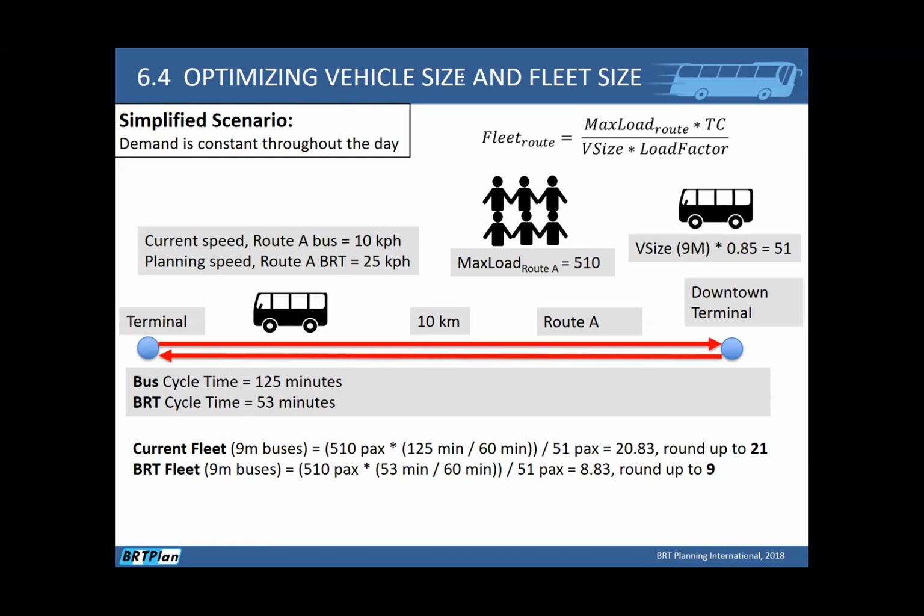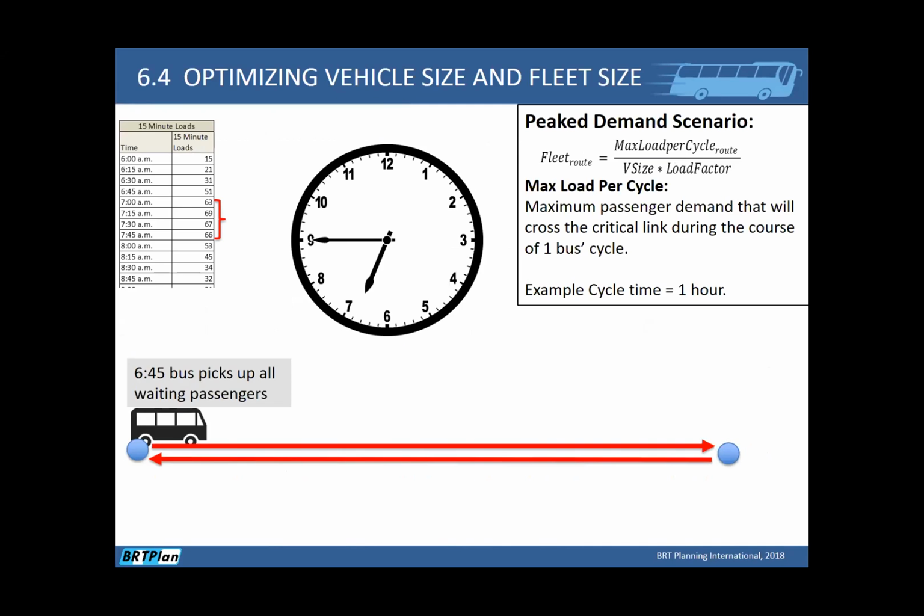So maybe we don't know what the actual fleet is, but we can use these formulas to figure out the current service probably has about 21 buses. We know if we upgraded that service to a BRT speed at 25 kilometers an hour, using this formula, we would only need 9 vehicles. So these formulas will then already give you your preliminary service fleet numbers.